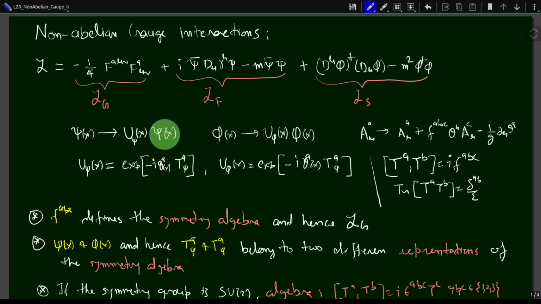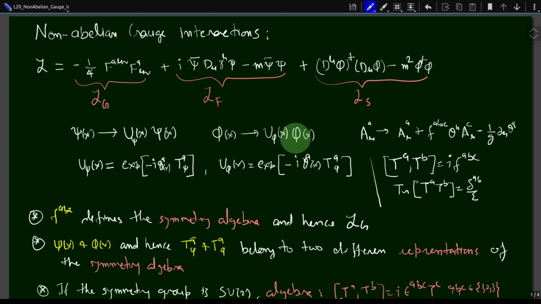The reason is that the fermion belongs to a certain representation of the gauge group. In the case of U(1) we had a similar thing, where there was a charge operator sitting there. So this T^a_ψ takes care of the fact that ψ transforms under a certain representation of the symmetry group.